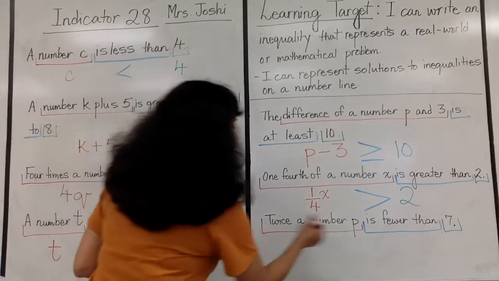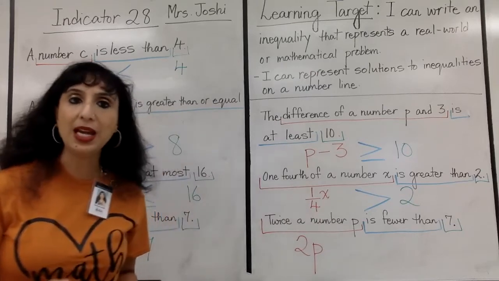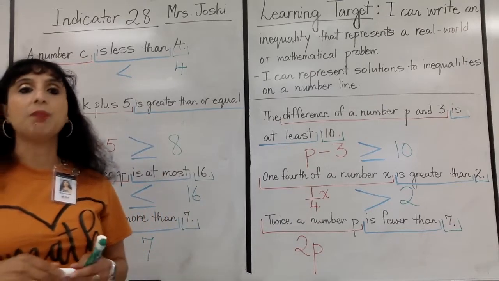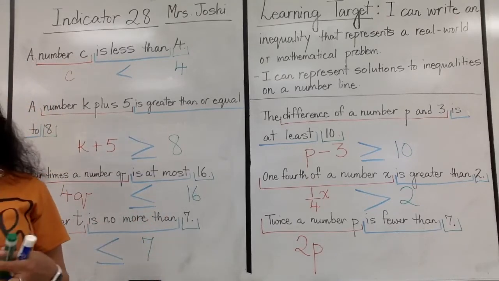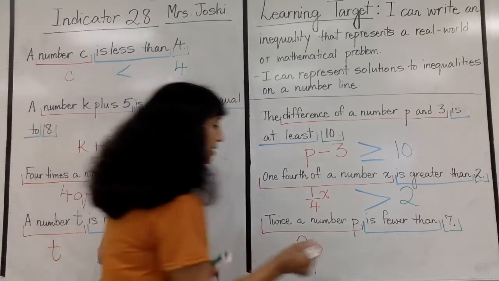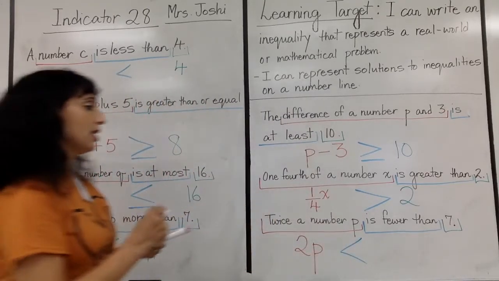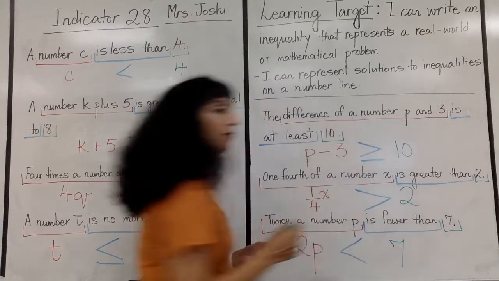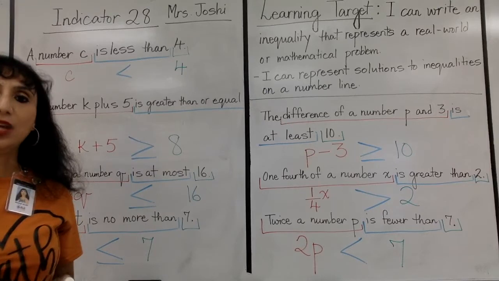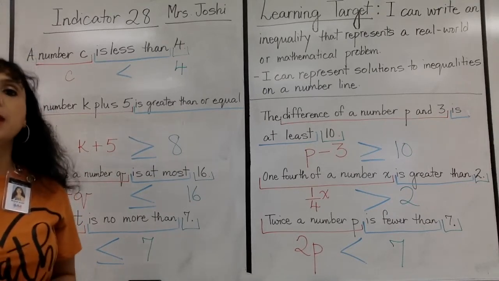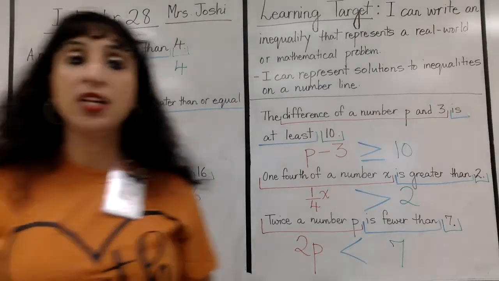So 2p means twice a number p, 2 times p. Then fewer than means less than, 7.